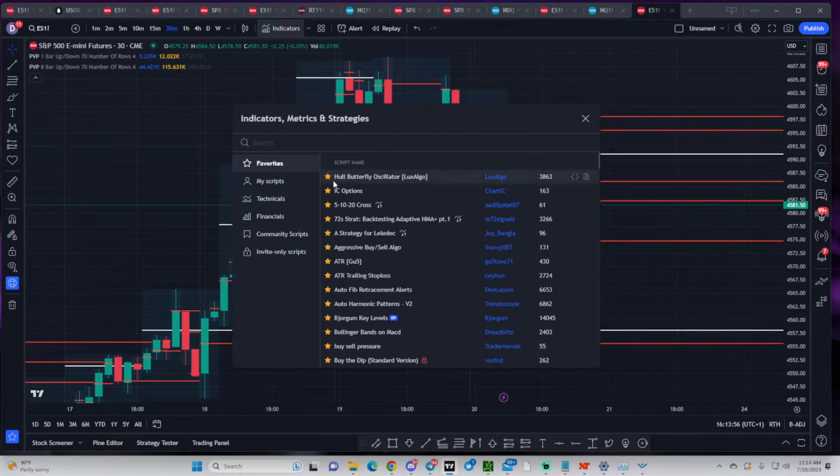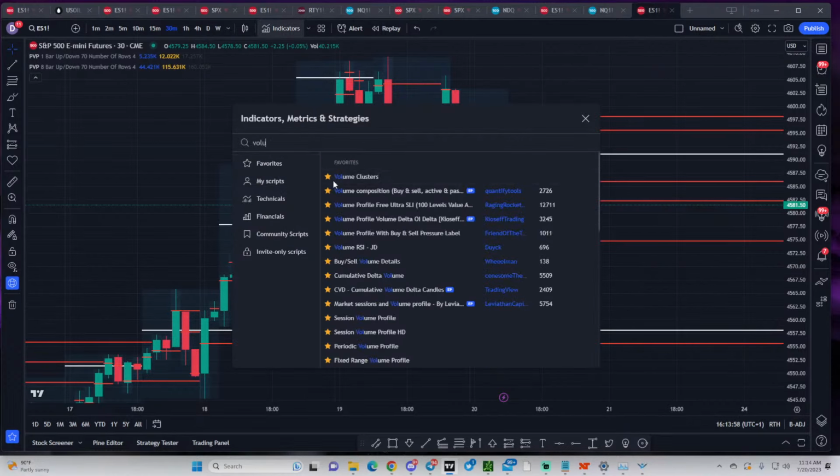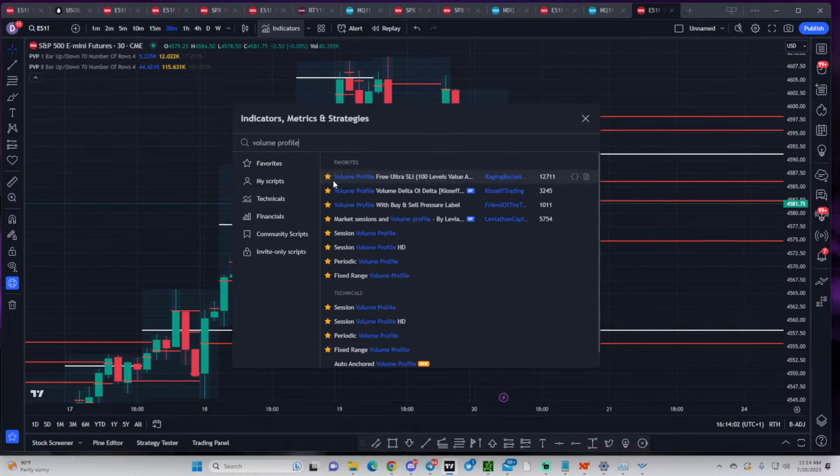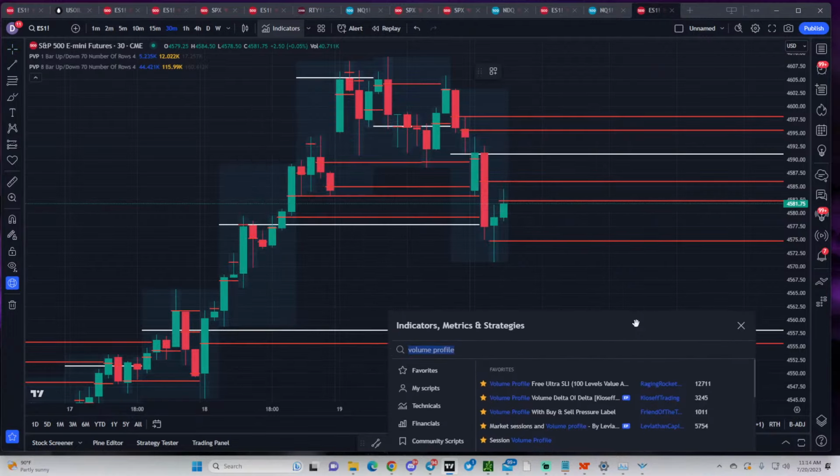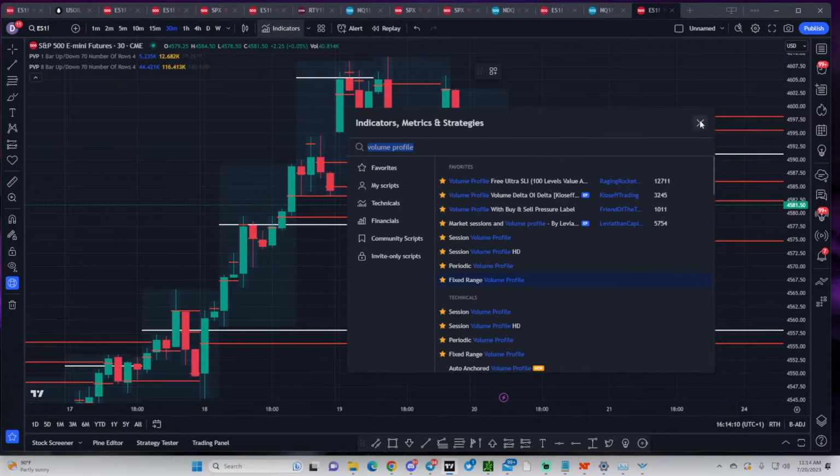Now, this is different ways to get the volume profile in TradingView. You're gonna need to know the indicator, volume profile. So we get volume profile. Let me just do fixed range. I'm not sure why it's not saying it. All right, let's just do this one here.